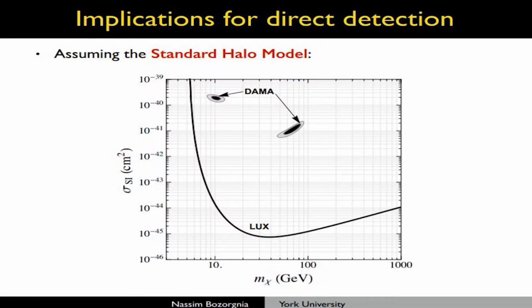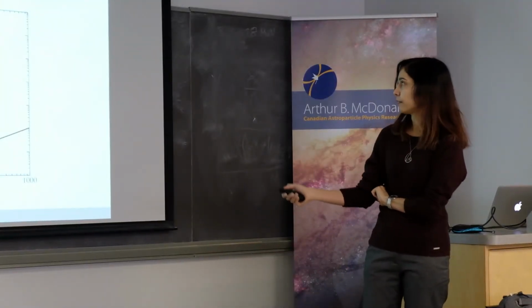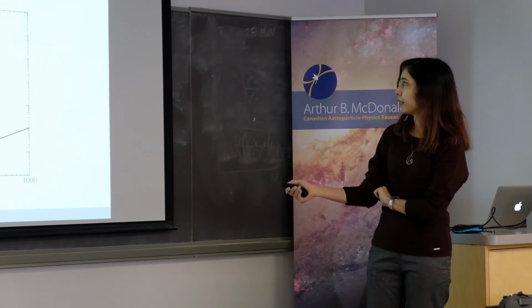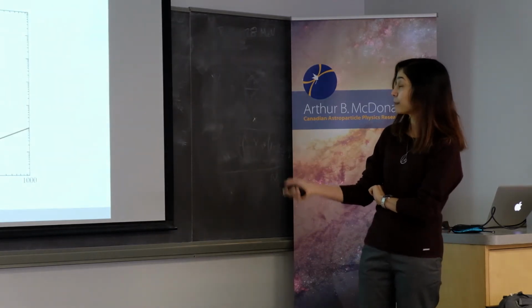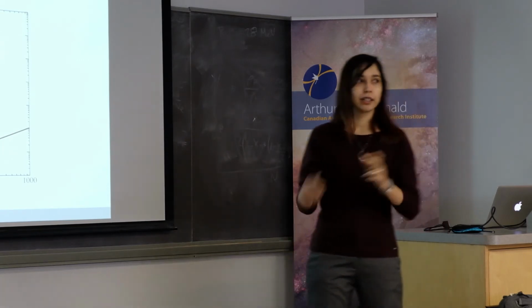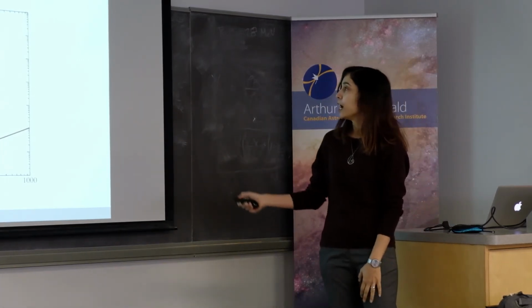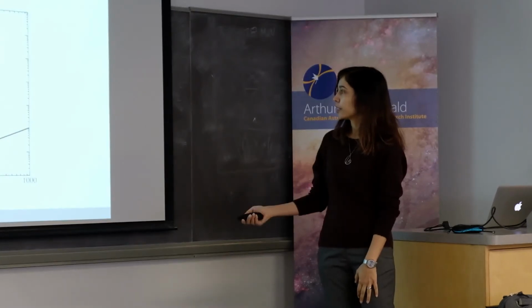This was just to show you what happens if you have some allowed region, because we only had it for some region. But these have been already excluded, since for spin independent, just looking at the DAMA data itself excludes its results. So anyway, we don't consider it, but just to see how things change.